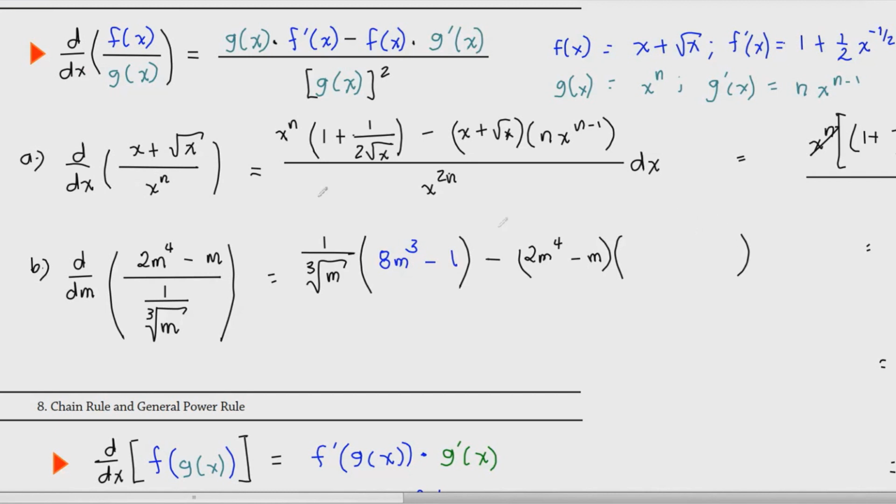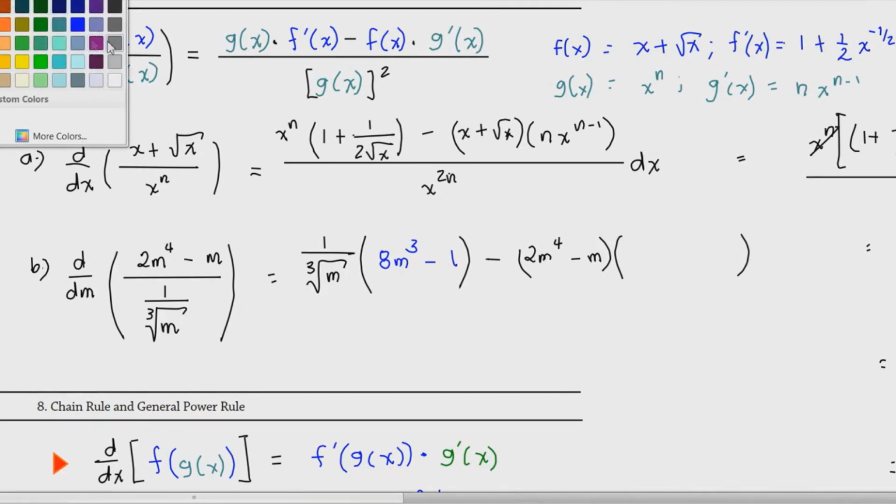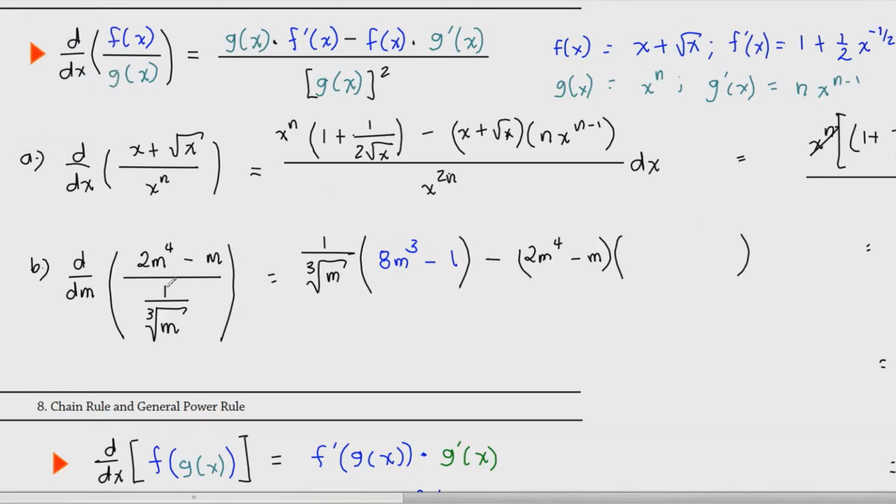So I hope the space will be enough. Let me just take the derivative of this one. Now this 1 over cube root of m can be rewritten as 1 over m raised to 1/3, which can also be rewritten as m raised to negative 1/3. I'll be using this m raised to negative 1/3 so that it has an easier rule that can be applied, since in this case the power rule can be applied.